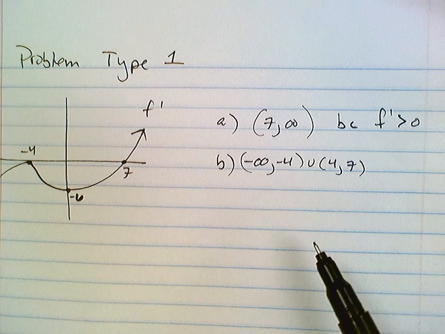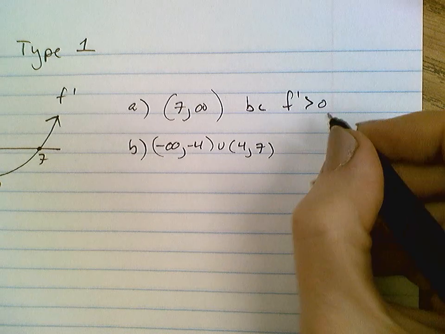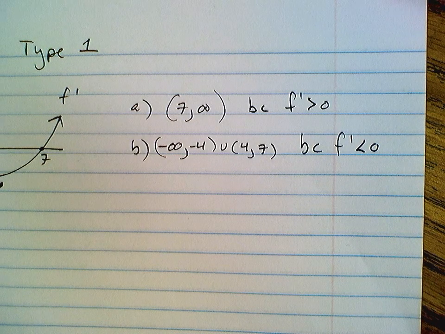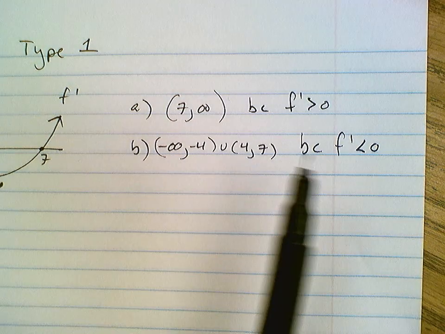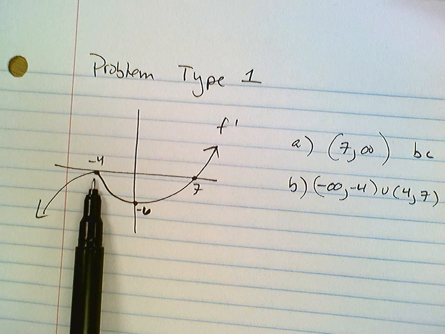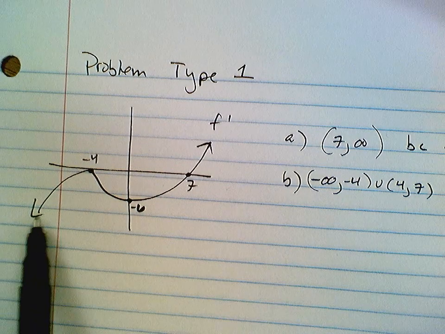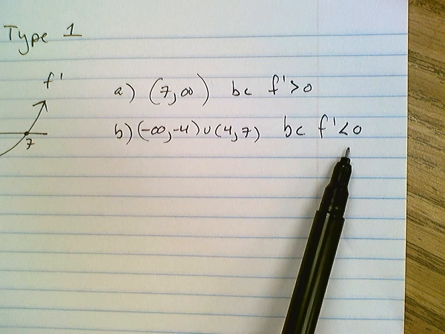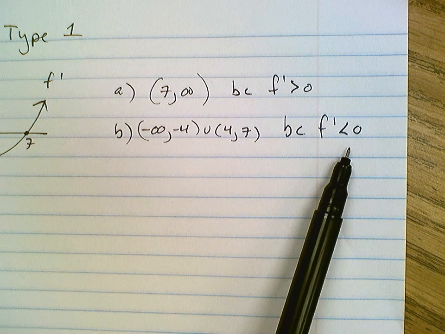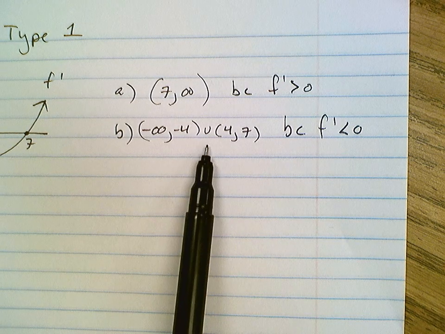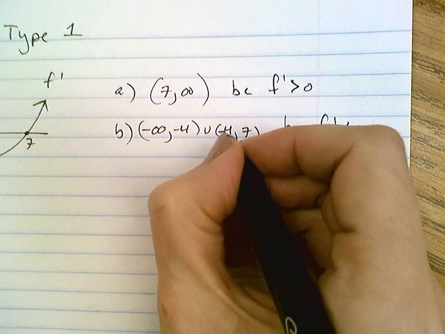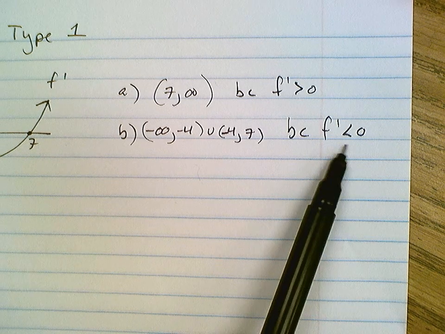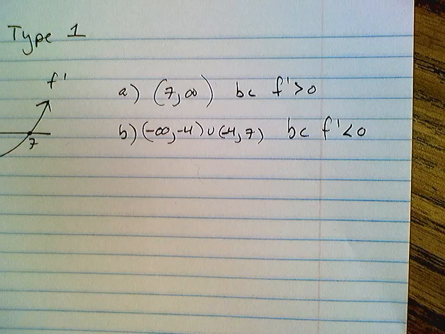But the reason I'm expressing it like this is because f prime is less than 0, and f prime is 0 at -4. So if I say from negative infinity to 7, then my explanation doesn't work for the point -4. That's why I'm doing this union, because f prime is only less than 0 on those intervals.